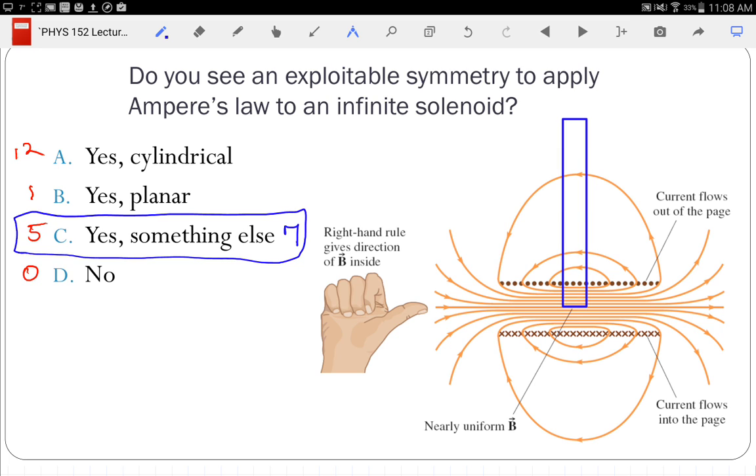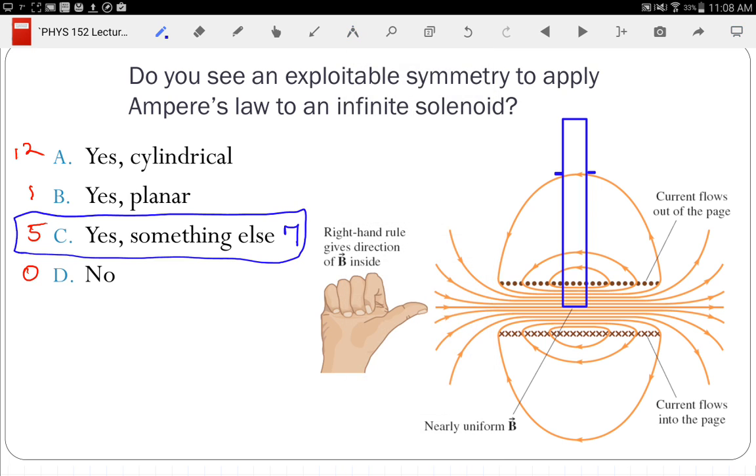And as long as you're close to the center of a solenoid that's fairly long compared to its radius, then you're going to have a uniform magnetic field inside, and the magnetic field is going to be perpendicular to the sides. Now I know in this picture it's not perpendicular sides. The reason is because my solenoid's not very big. But if you have a big enough solenoid, then it's going to be perpendicular on the sides.